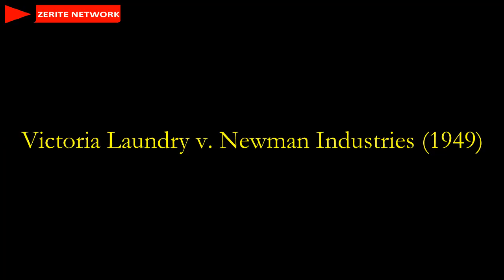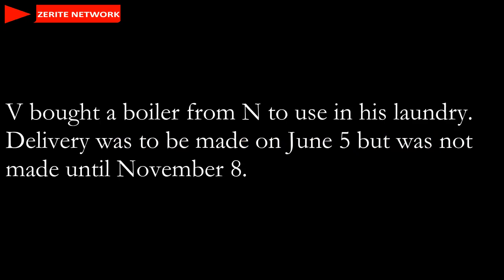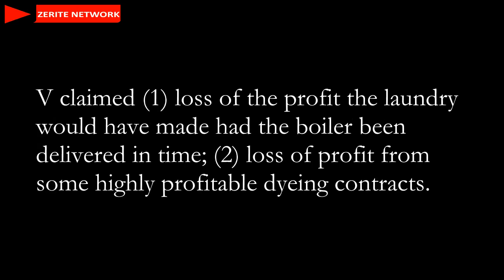So let's look at the case of Victoria Laundry v. Newman Industries, 1949. V bought a boiler from N to use in his laundry. Delivery was to be made on June 5th, but was not made until November 8th. V claimed, number 1, losses of the profits the laundry would have made had the boiler been delivered in time, and number 2, losses of profit from some highly profitable dyeing contracts.